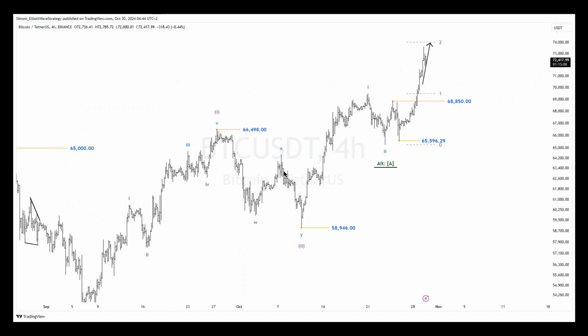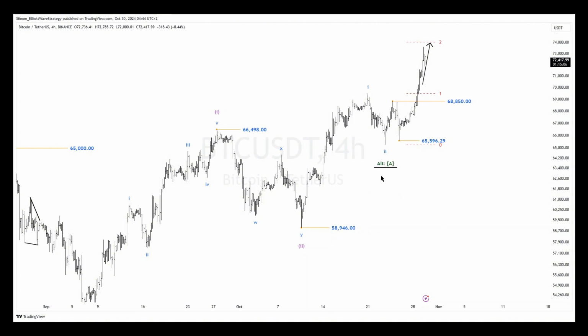And then we saw new highs, which I think are going to create more highs in Bitcoin, because from this low right here, you saw 5 waves to the upside, and I labeled that as wave 1, and then we saw a correction to the downside, and I labeled that as wave 2. And then this is the alternate scenario.